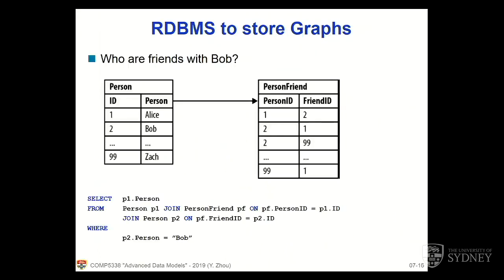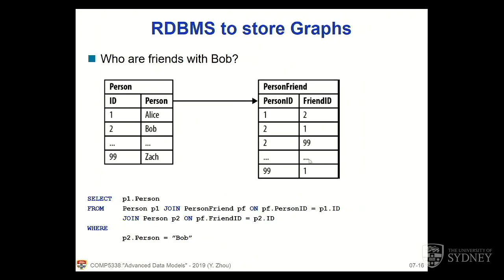Now, if we want to find out who are friends with Bob, so it's asking the other way around, assuming the friends relationship, again, as I said, has directions. We still have to use these 2 tables, and we still have to do 2 joins, but the order is slightly different.